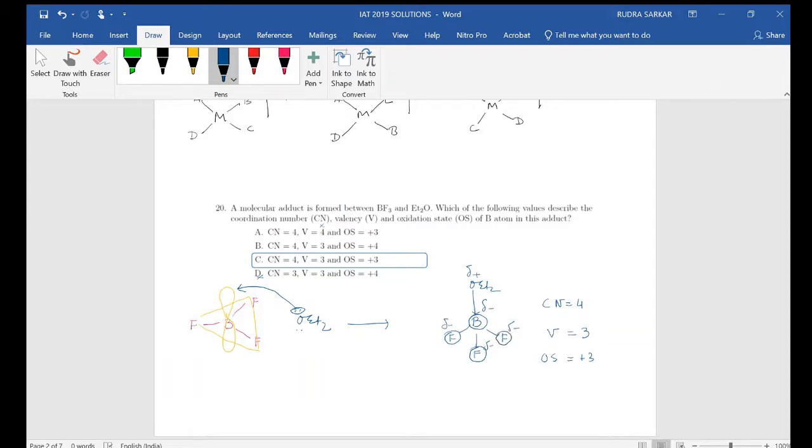If you take this to be X and these to be -1, -1 and -1, then X - 3 = 0, so therefore X is going to be +3.